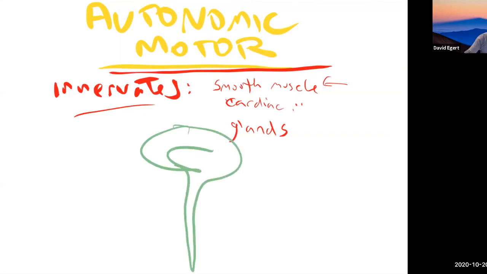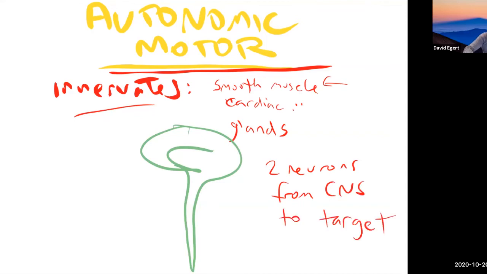So in both cases, you have two neurons from the CNS to the target. Let's just make the heart be the target. So here's your heart. You're going to have one neuron. Let's make it black so it makes it easy to see. Here's some neuron.